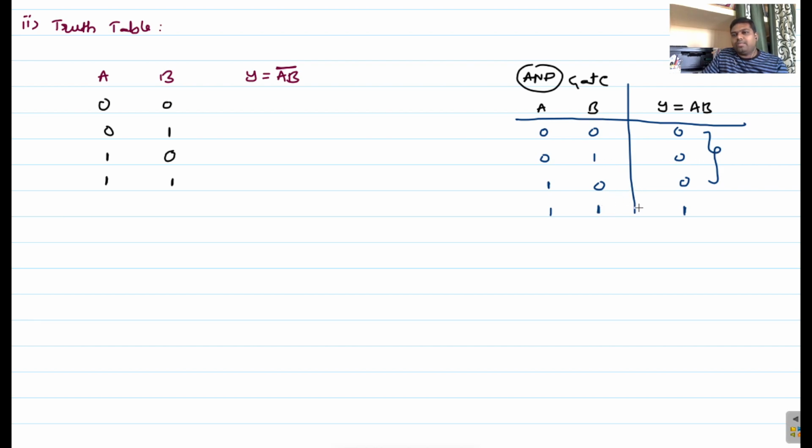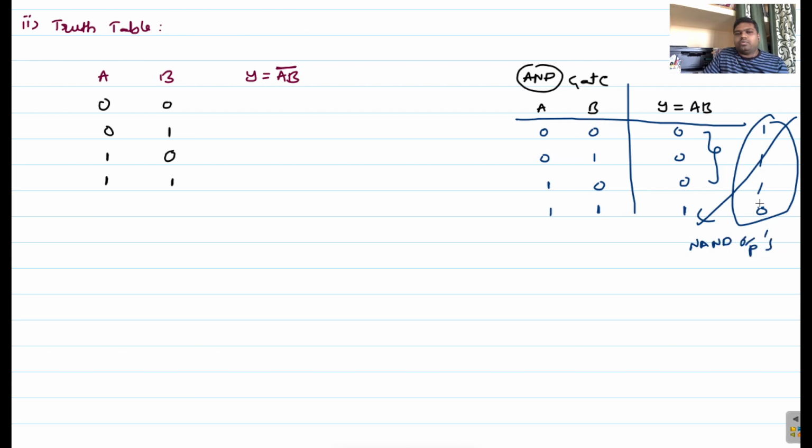If both the inputs are 1, output will be 1. So this is the logic of AND. Now the complement of these outputs: complement of 0 is 1, complement of 0 is 1, complement of 0 is 1, complement of 1 is 0. These are the NAND outputs.